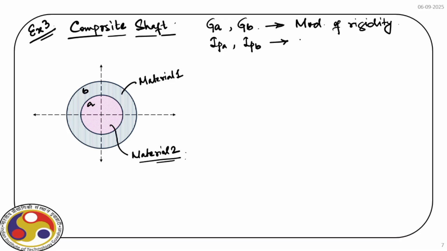These are the polar moments of inertia. Obviously the total torque that can be applied to the section is the summation of TA plus TB. And for both of them, we'll have the same phi because we have to maintain the compatibility, right?